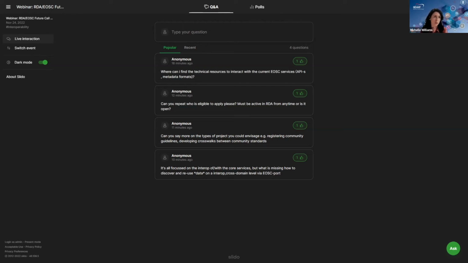Whether that is cross-community interoperability, whether it's in respect to metadata, whether it's making a particular API available to allow the transformation of data from one place or one format to another, it really is for the scope of this call to define.